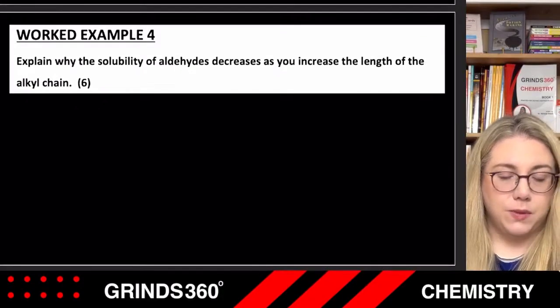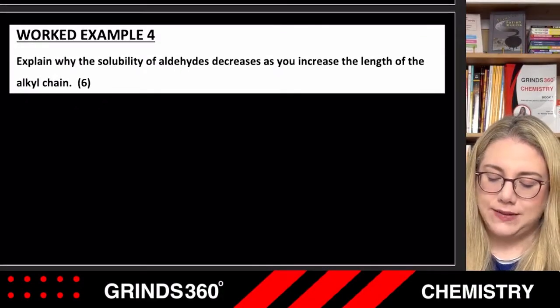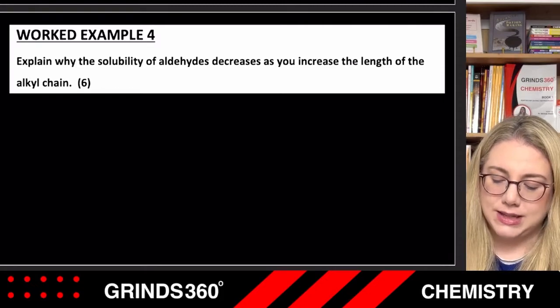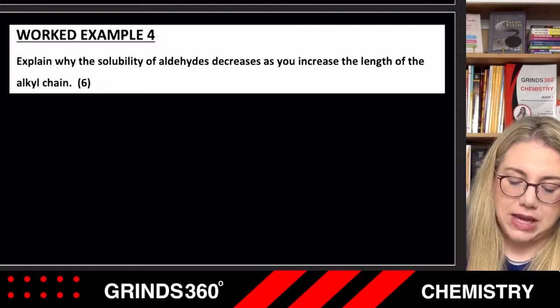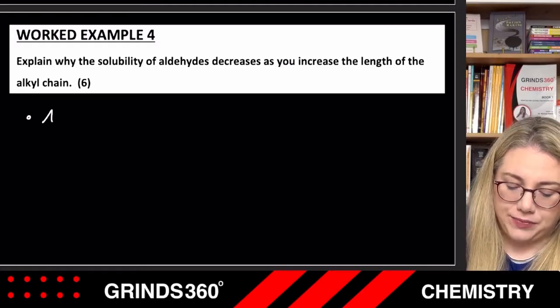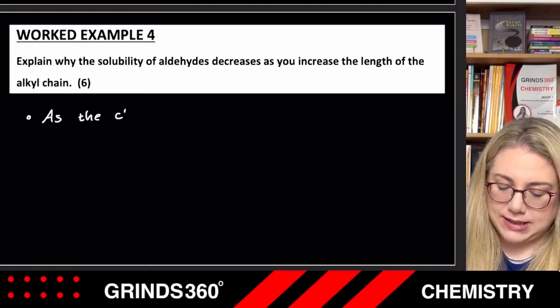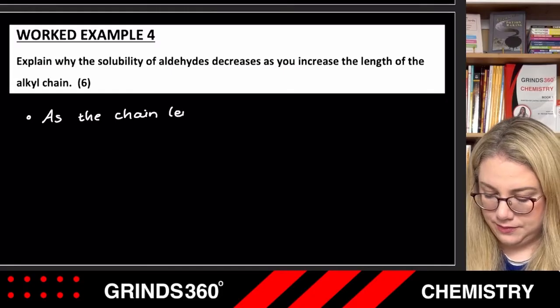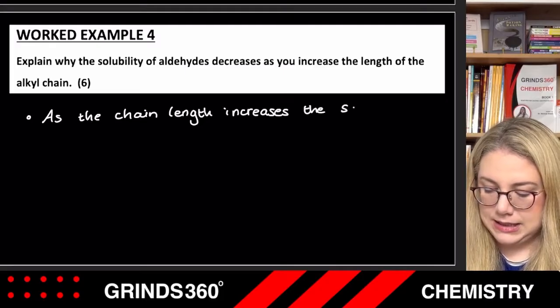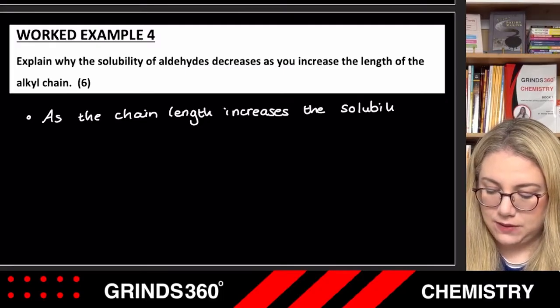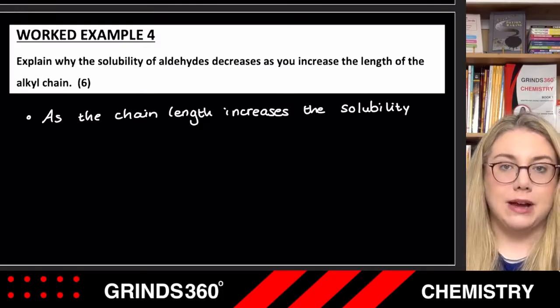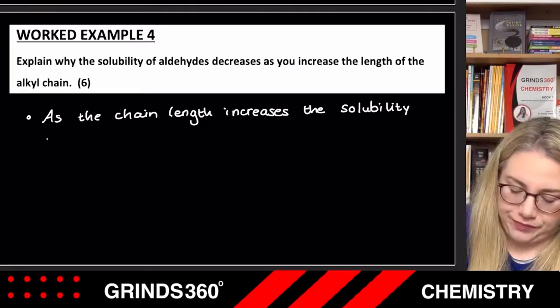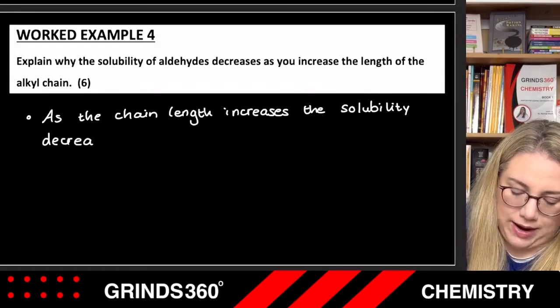Worked example number 4. Explain why the solubility of aldehydes decreases as you increase the length of the alkyl chain. So it's the same as the alcohols. As the chain length increases, the solubility decreases, which is what's given in the question, but I'm giving out what I've learnt off before. Now, why that is the case. So what are we giving as our explanation?